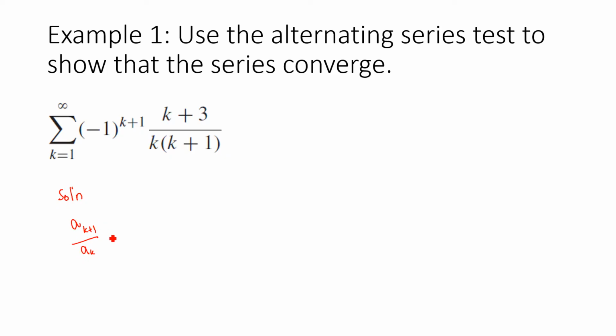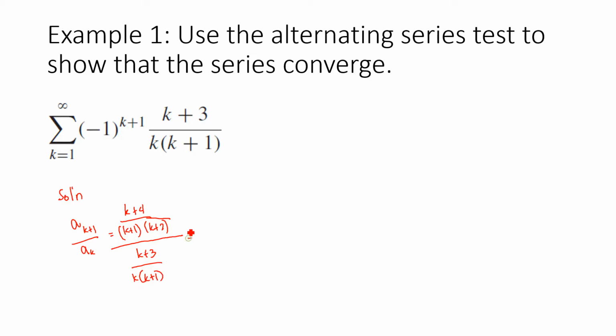In this case, you have k plus 4 over k plus 1 times k plus 2, all over our original, k plus 3 over k times k plus 1.